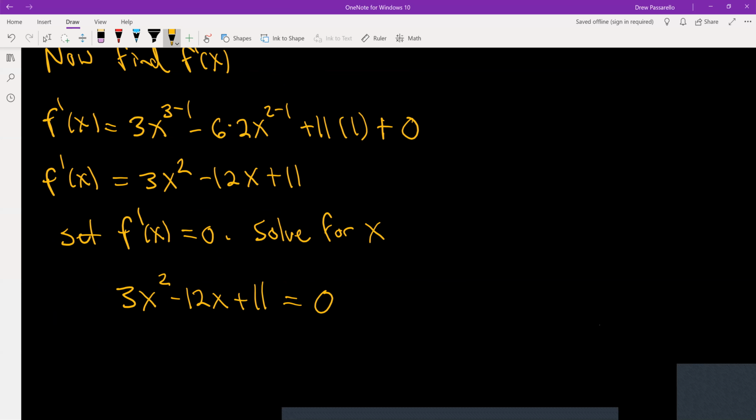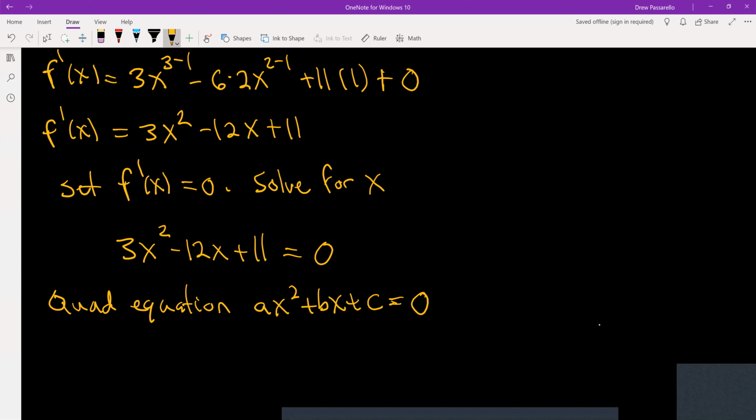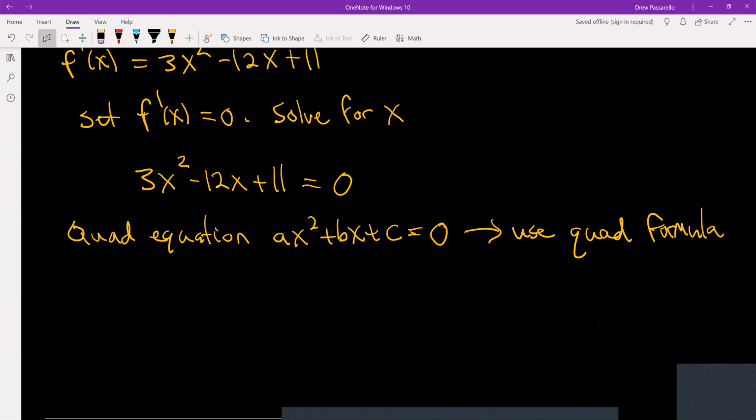And to solve for x, this is a quadratic equation, so I'm going to use the quadratic formula. And the quadratic formula, go ahead and write it down.